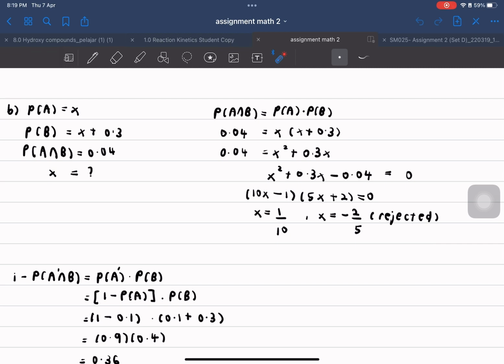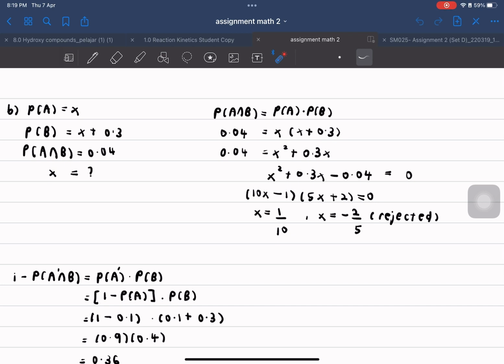For question 4B, once again, we list down the information, which is probability A equal to X, probability B equal to X plus 0.3, and probability A intersect B equal to 0.04.